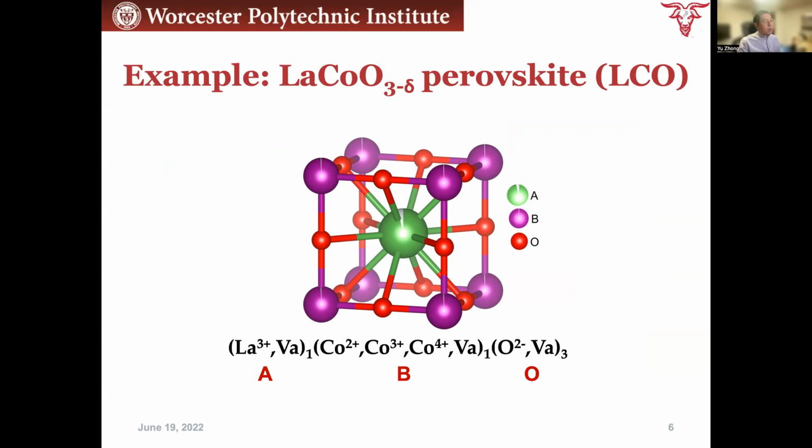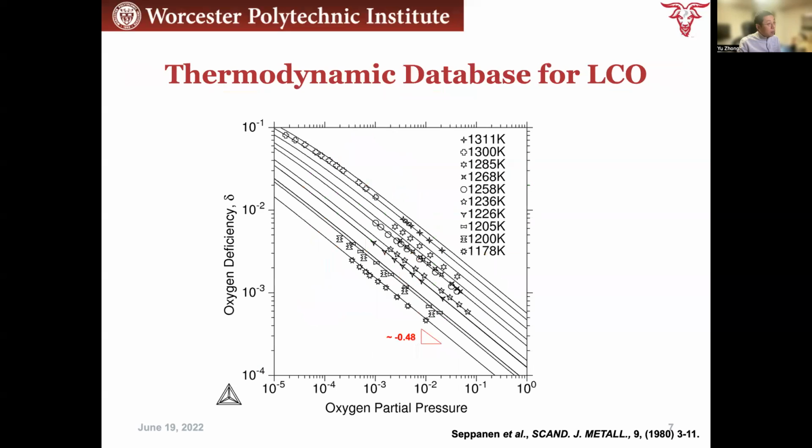On the B side we consider different species of cobalt, cobalt 2+, 3+, and 4+, and also vacancy. And for the oxygen side we model oxygen 2- with vacancy. With this, our model has a physical meaning, so it can work with the traditional defect chemistry analysis.